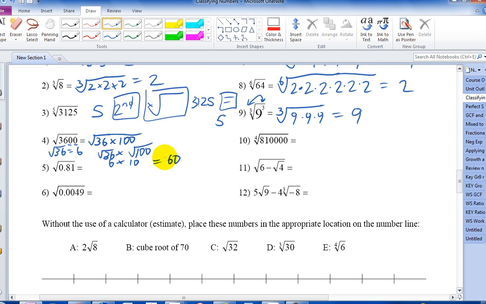Try number 10. See what you think the answer is. Now there's 4 zeros. You guys know what the fourth root of 81 is? It's 3.